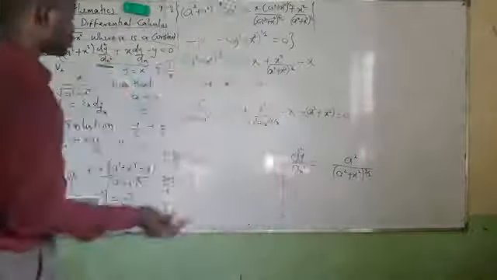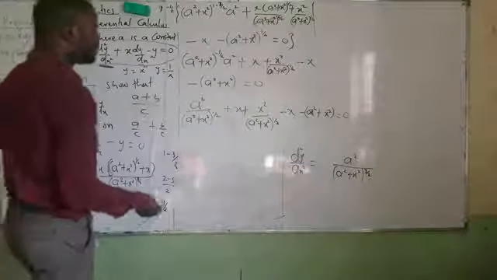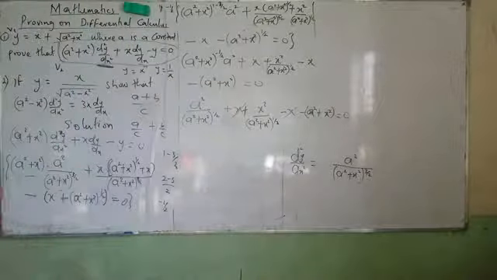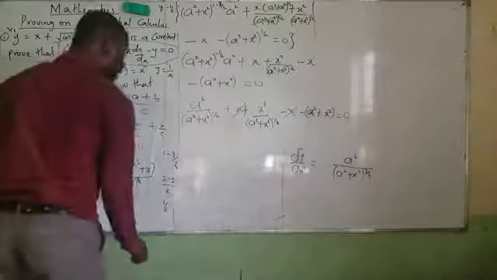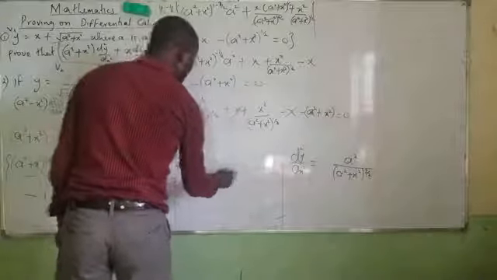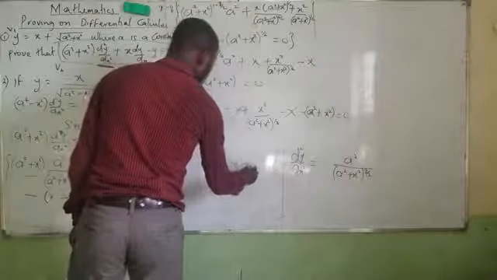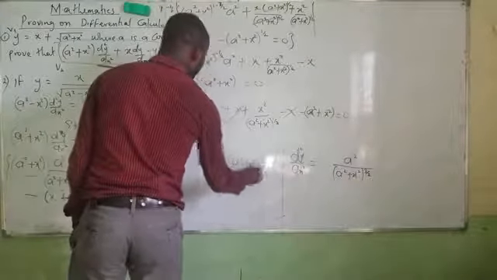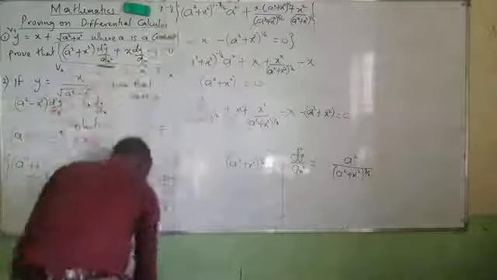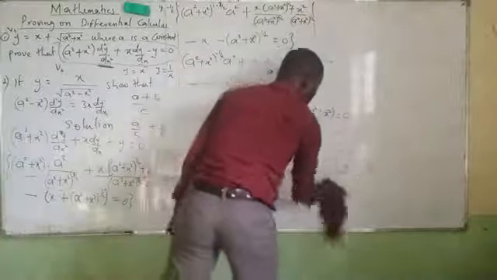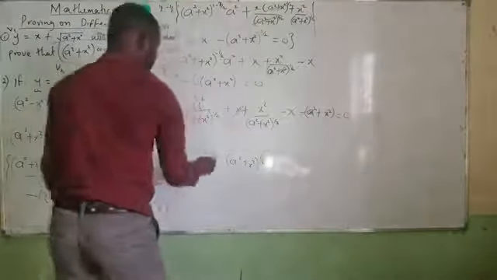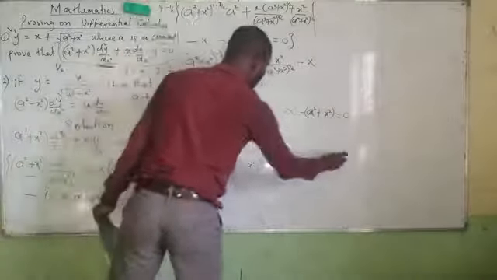Now, I just try to make it simpler. This will cancel out this. Now, since that is the case, if I should find the LCM here, my LCM will remain a squared plus x squared, bracket of 1 all over 2. Everything will now be divided.